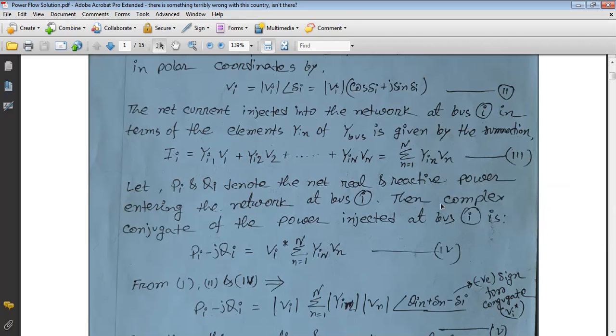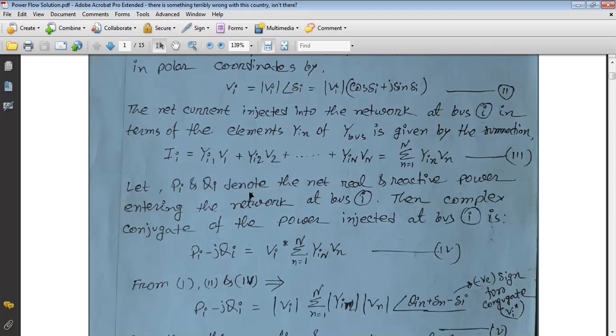So if I elaborate this equation, for a 5 bus power system where we want to calculate the current for bus 2, then that should be I2, that is the suffix I is equal to 2.